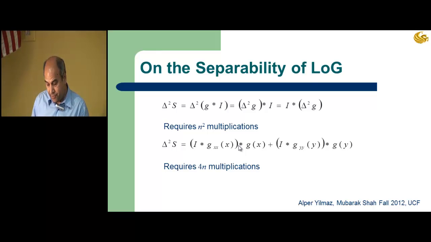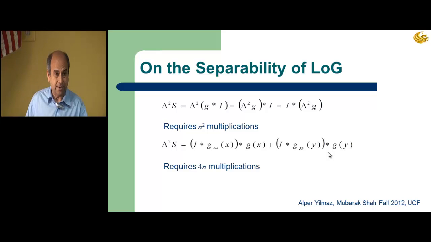Here, as you see, we do one convolution which is one-dimensional, another convolution which is one-dimensional, so there are two convolutions, and then the third and fourth convolutions. So we have four 1D convolutions, which gives you 4n multiplications as compared to n square multiplications, and that's the advantage.